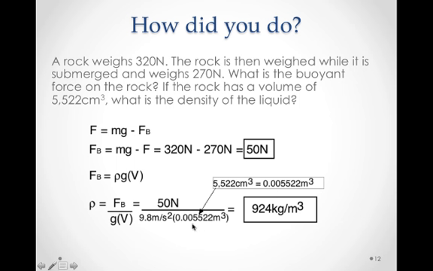We need that to balance the units out. So we plug all this information in, crank it out, and we get 924 kilograms per meter cubed. Notice that's a little less dense than water, which is 1,000, and in fact I got that number to create the problem. That's the density of vegetable oil, and that's your problem.